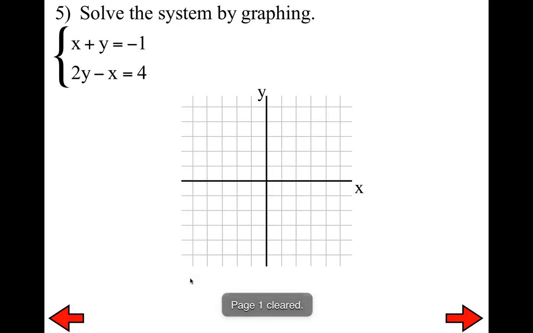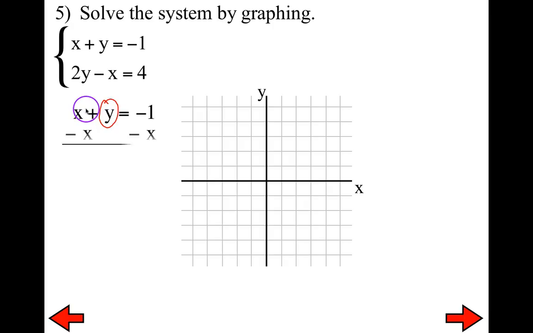Okay, so now let's take a look at the next one. So here, for the first one, again, just for practice, we're going to go ahead and turn this into slope-intercept form by solving for y. So in order to get y by itself, I'm going to subtract x from both sides, leaving me with y equals negative x minus 1. The slope is negative 1. The y-intercept is negative 1.